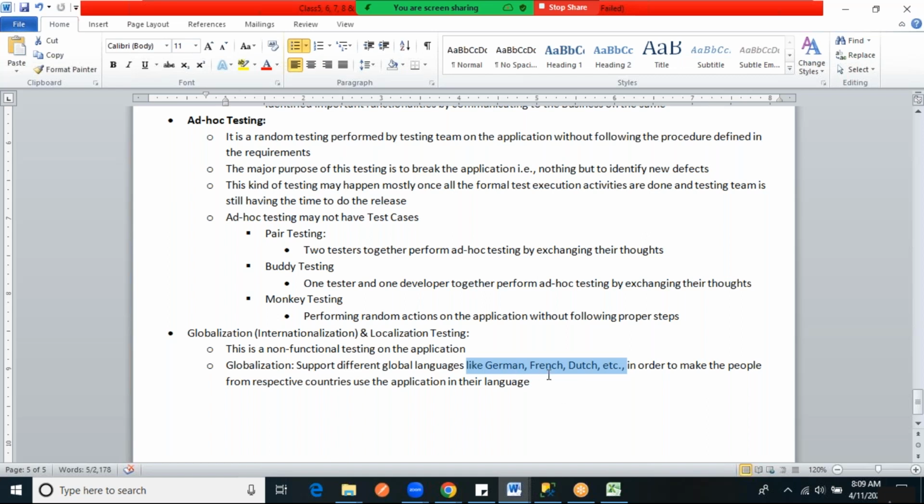That's why we are supporting translations in different global languages like French, Vietnamese, Dutch, German. Understood? So it's only to make them use the application in their language. That's it. What is localization then?